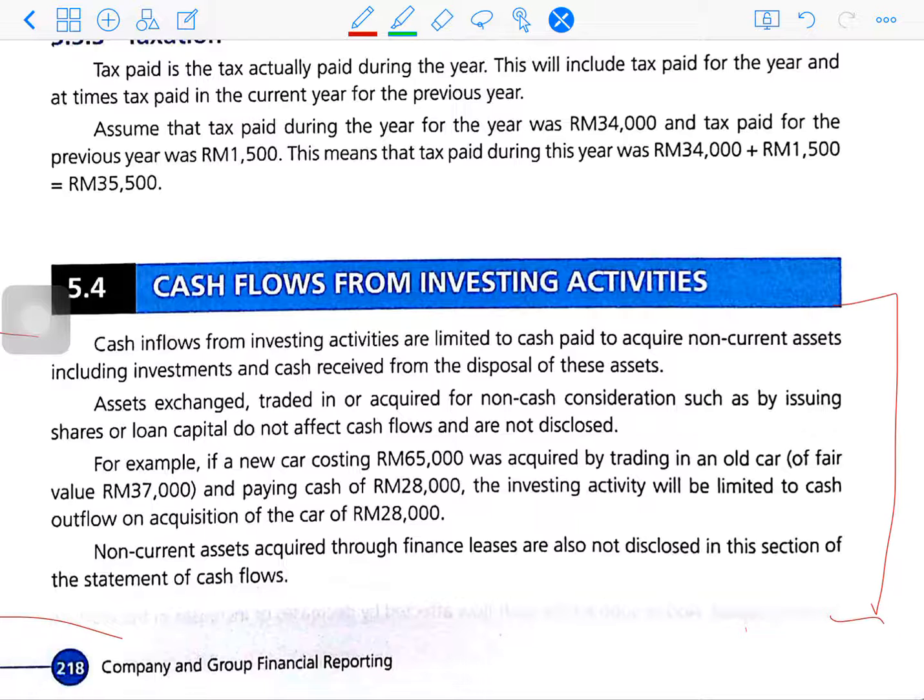For example, money going out from your company is in the form of any investment when you buy your non-current asset. So there will be money going out. Money coming in when you sell your non-current asset, or investments and so on.